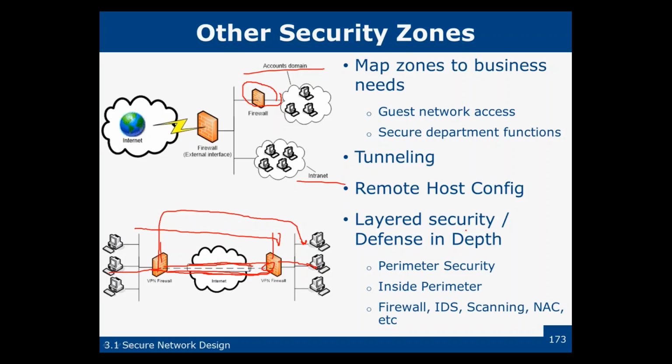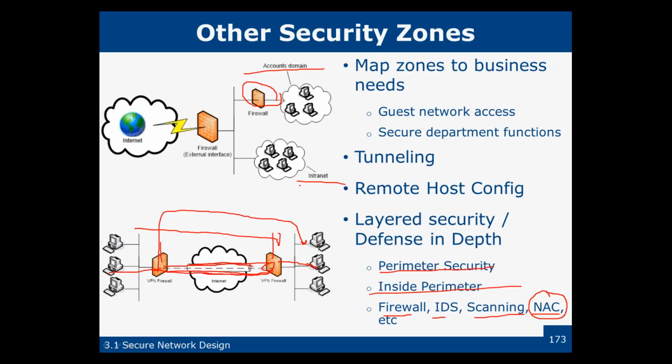We're going to talk about layered security, security in depth, with perimeter security. We have an inside perimeter, a firewall, IDS scanning, network access control, all the different things that we're trying to do to keep the bad guys out, and to be sure that when people get in, they have the protections on the machine that we want them to have, like up-to-date Windows software, an antivirus, a firewall enabled, whatever we do on those.